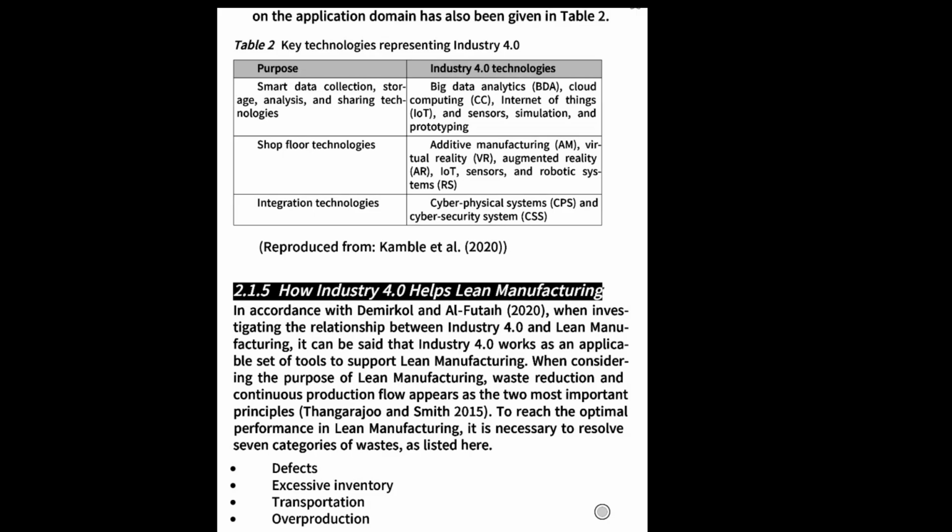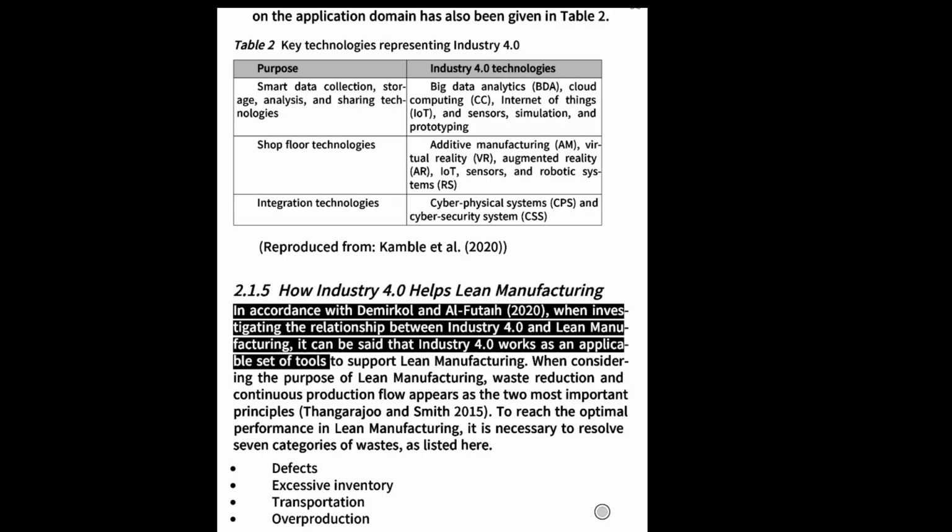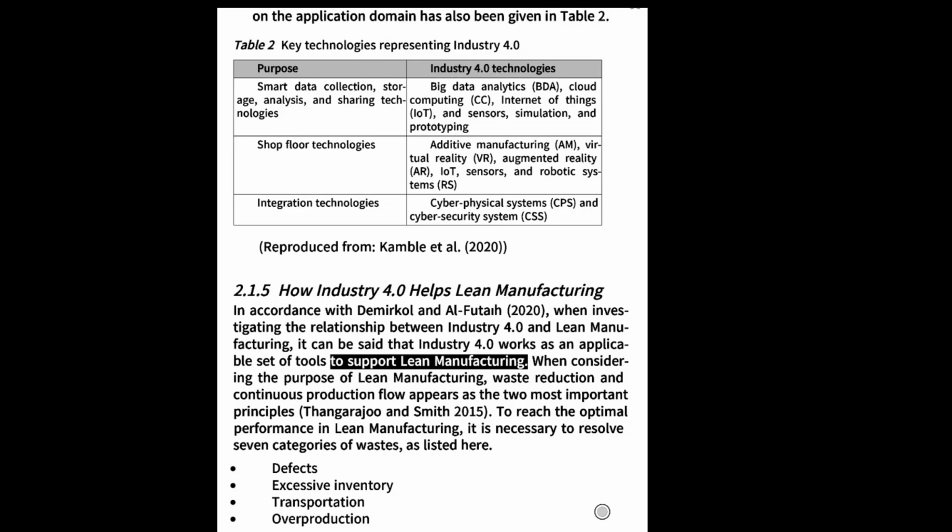2.1.5 How Industry 4.0 Helps Lean Manufacturing. In accordance with Dr. Merkel and Al Futaisi 2020, when investigating the relationship between Industry 4.0 and lean manufacturing, it can be said that Industry 4.0 works as an applicable set of tools to support lean manufacturing.